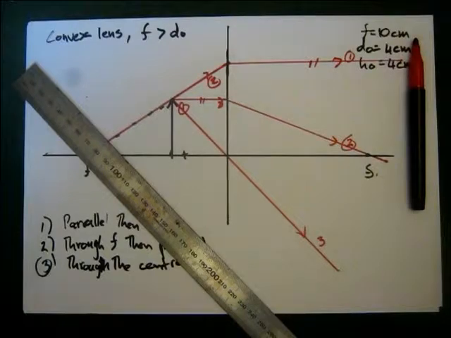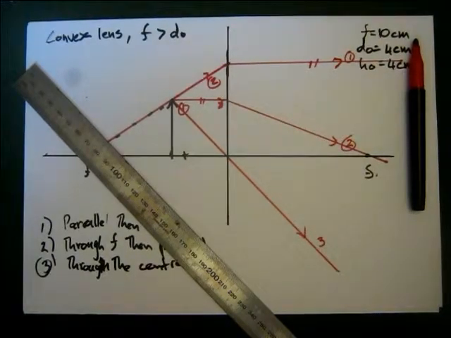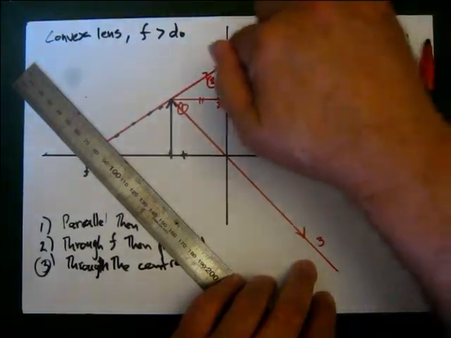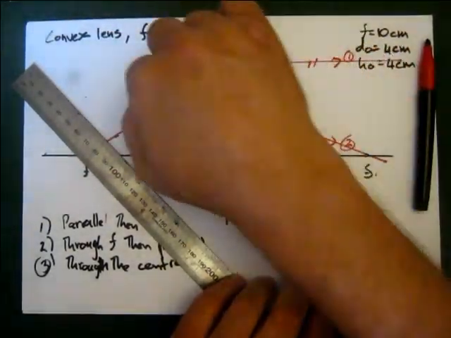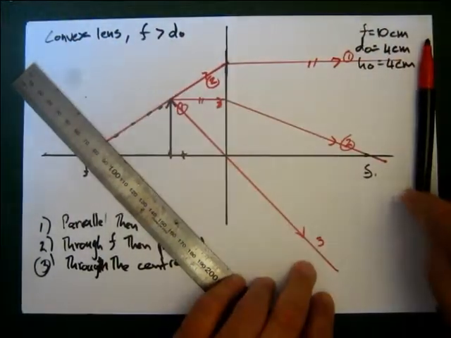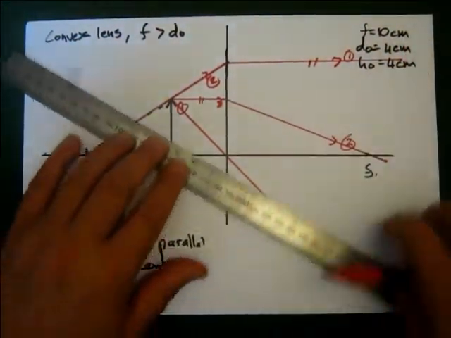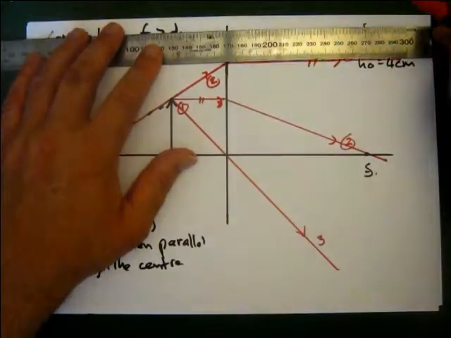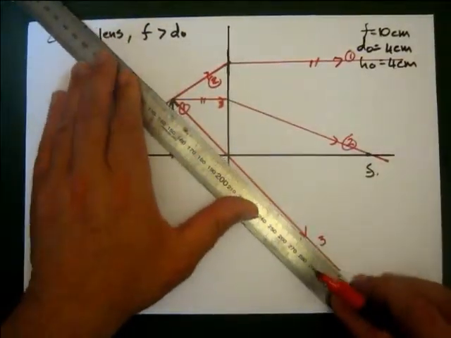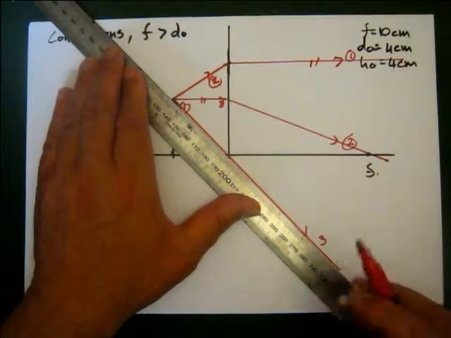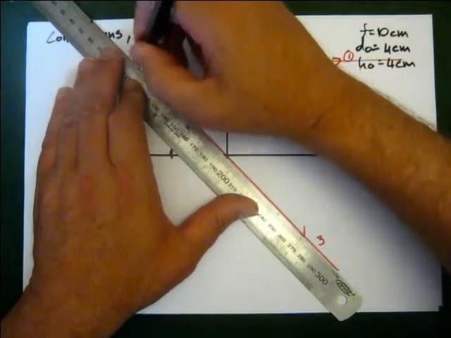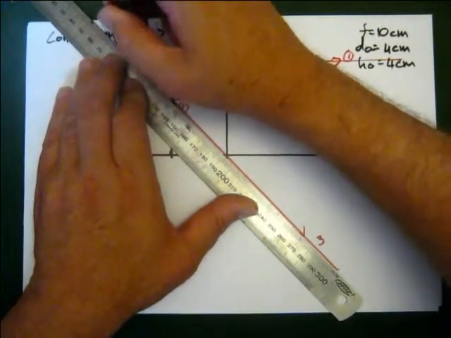So what do we do in the case of diverging rays? Whenever we have diverging rays, we look at the rays that are diverging and then backtrack them along their path. Because my eyes are over here, I'll see it coming from here. So what I'll do is grab the ruler, I'll look at the rays that are exiting. Let's just do this one first, no particular reason. And I'm going to backtrack the rays. And remember, I'm backtracking them with a dashed line.